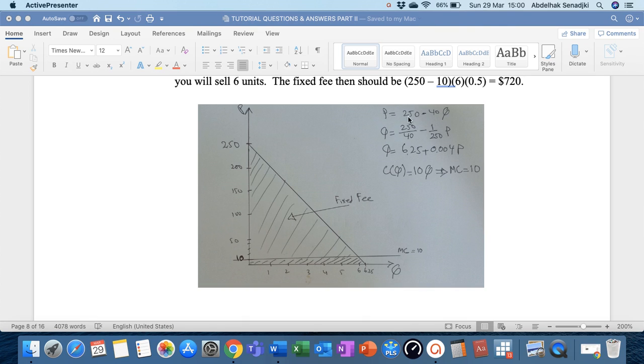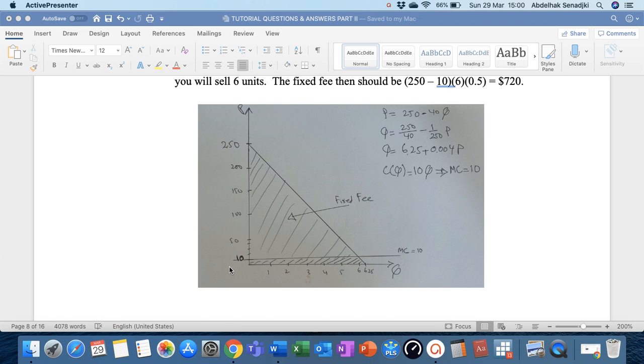And if P is 0, 40Q equals 150, therefore Q equals 150 divided by 40, which equals 3.75. Now, when the demand equals the MC, we assume this is the supply, because charging at that level is like operating in a perfect competitive market, and in perfect competitive market, the supply curve is the MC curve starting from the minimum of average variable cost.